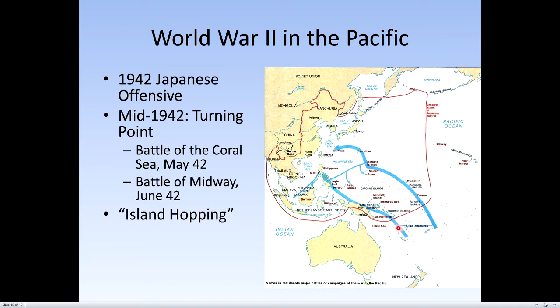He was the U.S. general in charge of the Army in the Pacific, and he's going to be leading the campaign here. What island hopping was, basically, is if an island was strongly held, you skipped it. If it was weak, you took it, and then you just tried to starve out the stronger islands. They're going to use this tactic to work their way across the ocean. The most famous of these island hopping campaigns occurs in the Philippines.